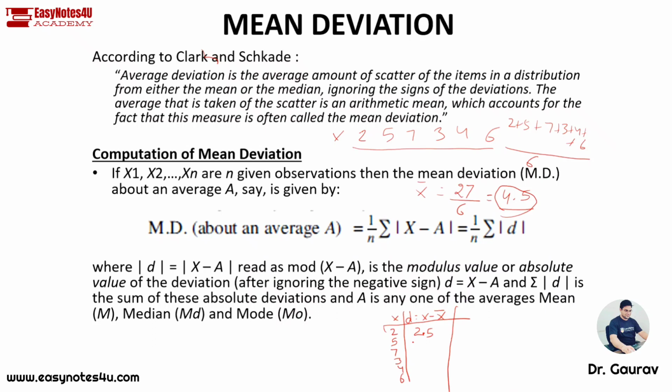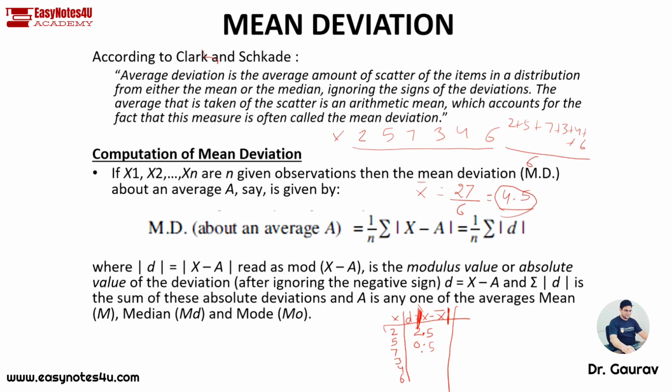Now 5 minus 4.5 will be 0.5. Just remember, we will ignore the minus sign, so we put the modulus, the parallel lines, around x minus x bar, because in the mean deviation we ignore the minus sign.